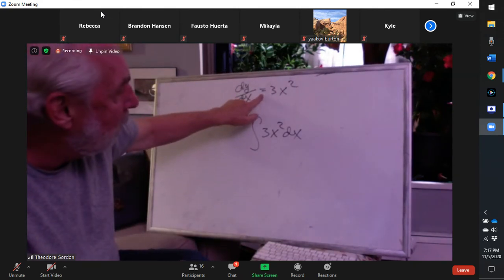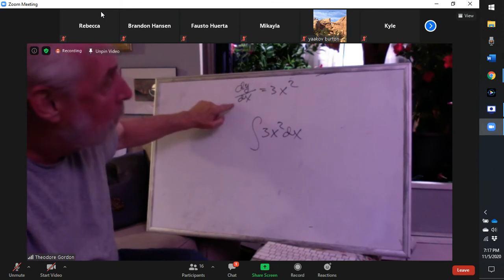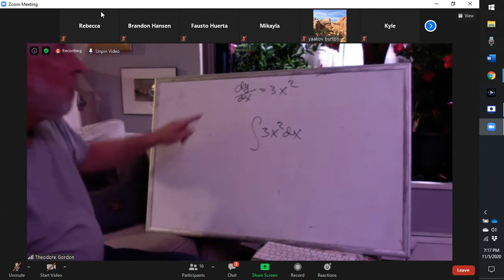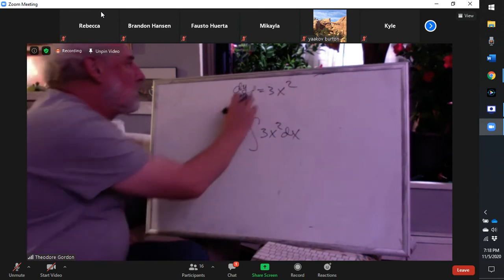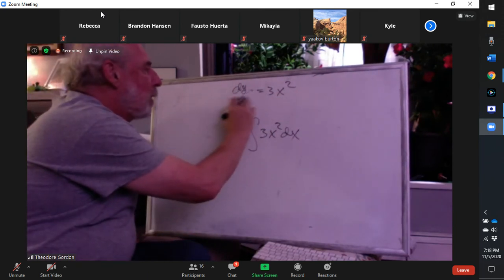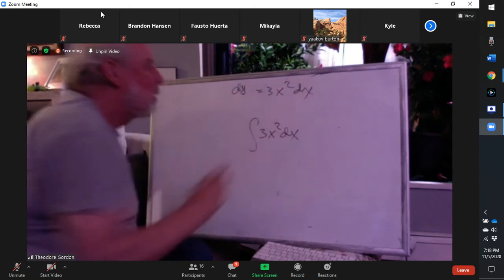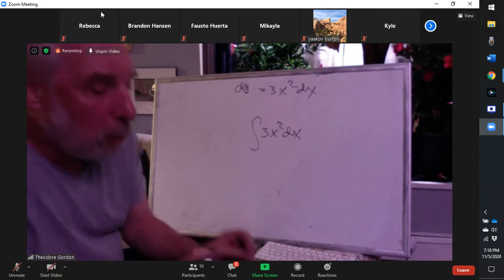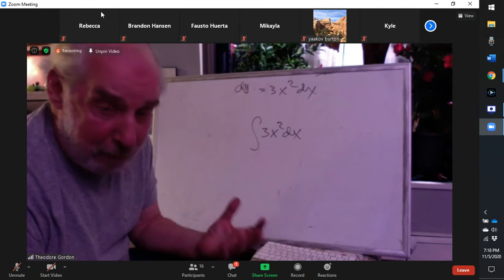It's an equation, and these two things are called differentials. I'll get to why these are important in a minute. So I'm going to multiply the dx to the other side. I'm separating the differentials. So there's a differential equation. The goal of a differential equation is to figure out what y is.